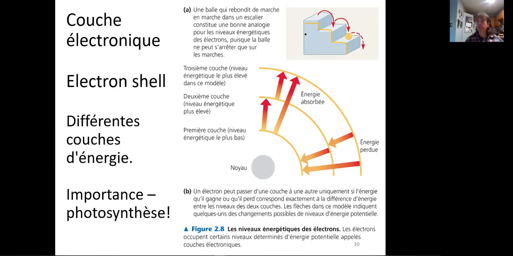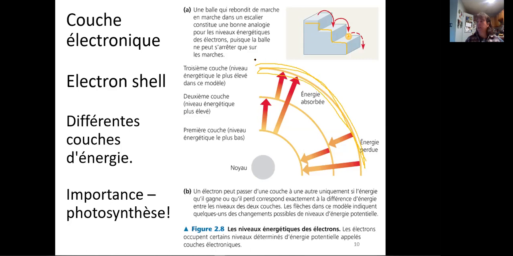A ball bouncing down a flight of stairs can come to rest only on each step. It can't rest between steps. Similarly, an electron can exist only at certain energy levels and not between the levels. We can think of each sphere as an energy level.